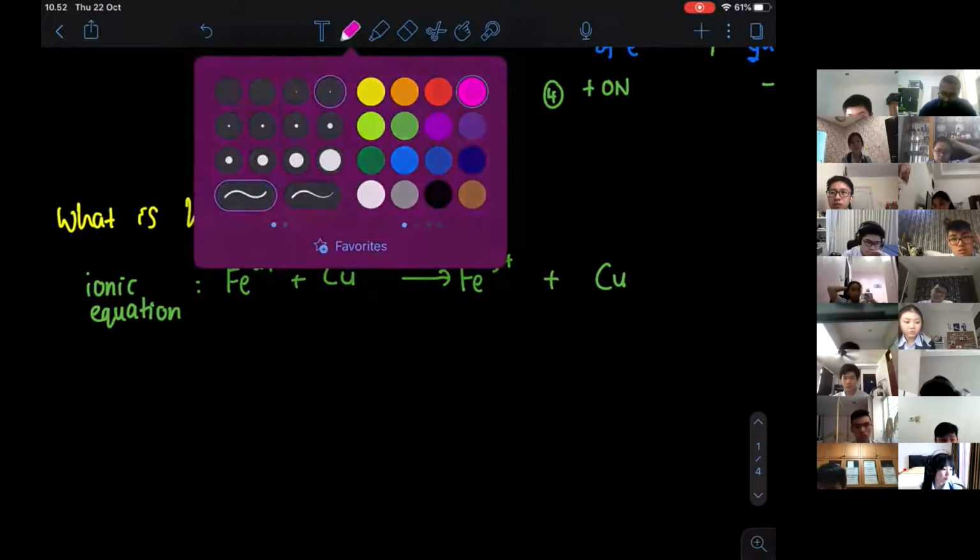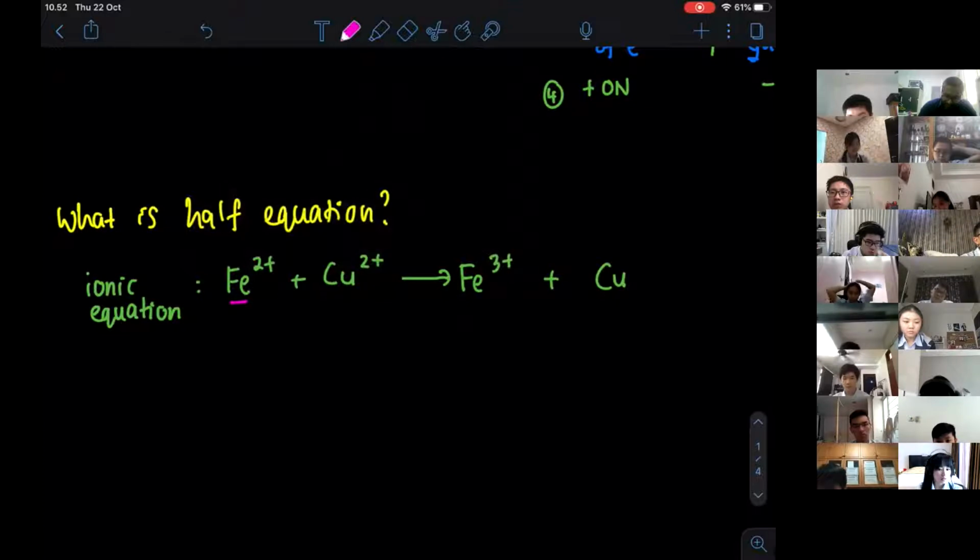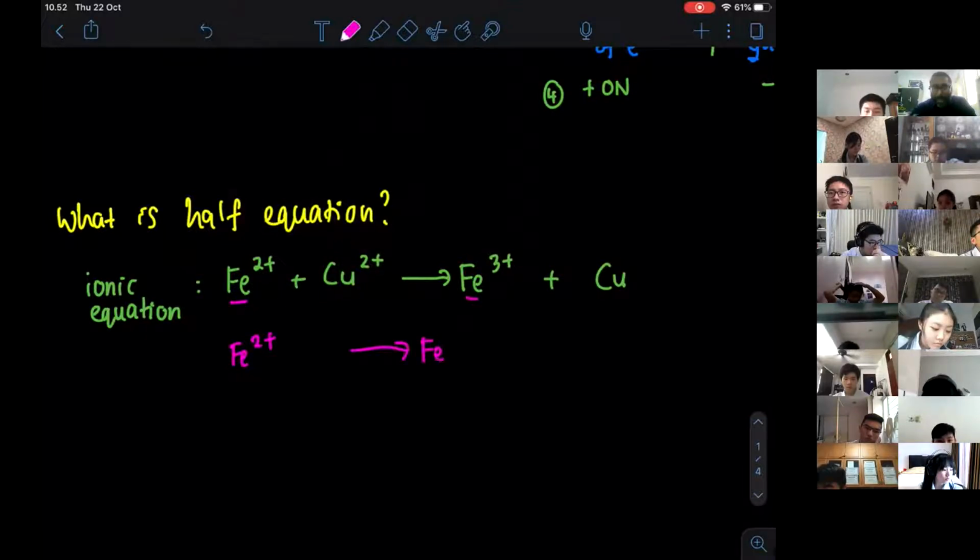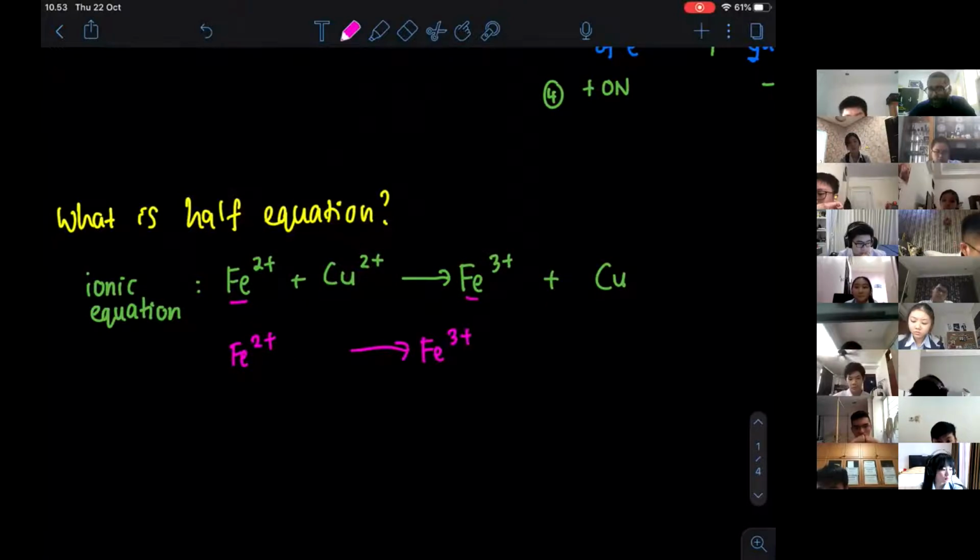The first one is Fe2+ changing into Fe3+. Now, when Fe2+ changes into Fe3+, Michael, can you tell me if Fe2+ is losing electrons or gaining electrons? Losing electrons.